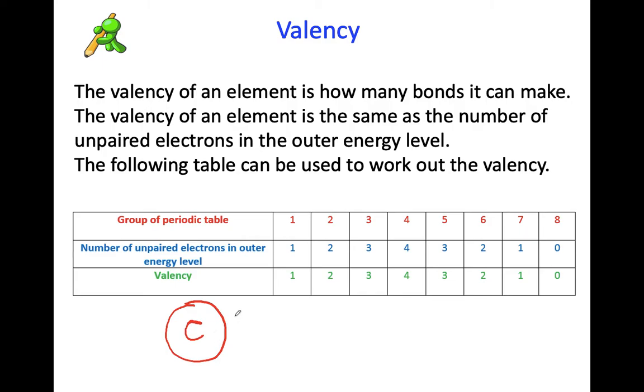Now carbon is in group 4 and it has 4 outer electrons. Now the way we draw these is we work our way around the clock. So we start at 12 o'clock, 3 o'clock, 6 o'clock, 9 o'clock. So it has 4 outer electrons and each of these 4 electrons sits on its own. They are unpaired.